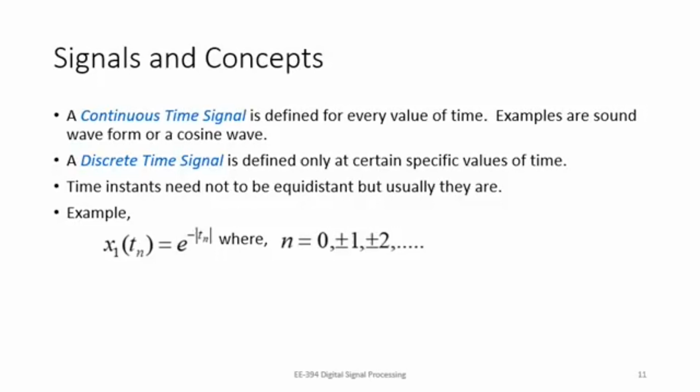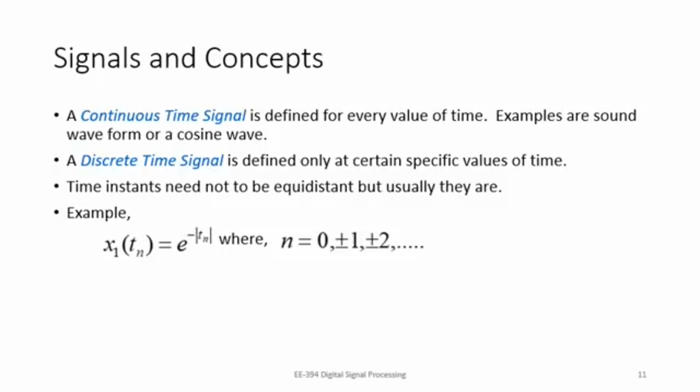So it means that in case a signal is defined for a time, let's say between 0 and 3, then for every value of time between 0 and 3 seconds, there will be a value of the signal present. So it cannot happen that you say that between 0 and 3 there is a point 1.111934 seconds, and at that point there is no signal value present.